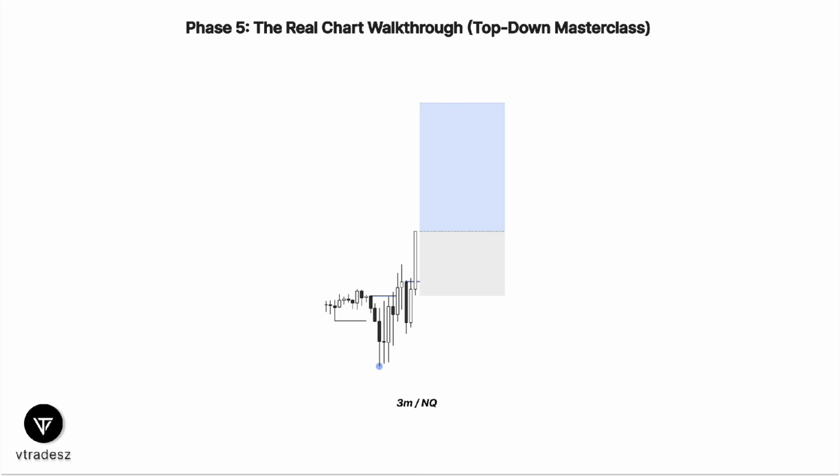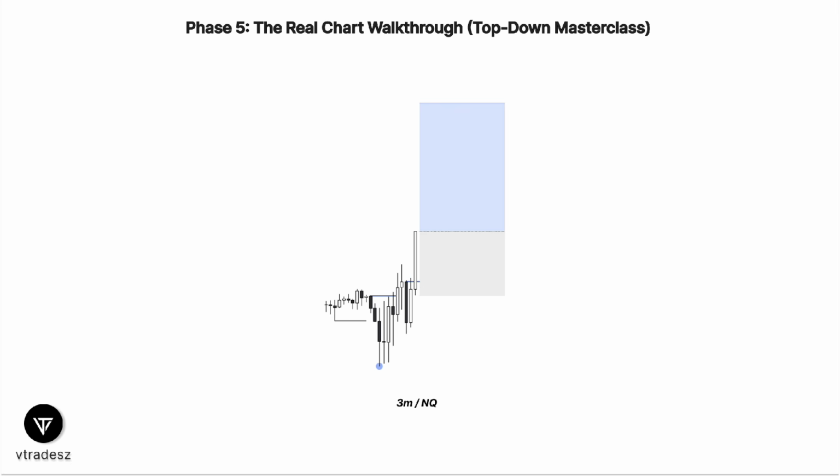Look at the execution. Right here on the chart, we enter on the retracement back into that 3-minute displacement. We tuck our stop loss safely below that 9:30 a.m. protected low. Because if the narrative is right, that low should never be traded through again.